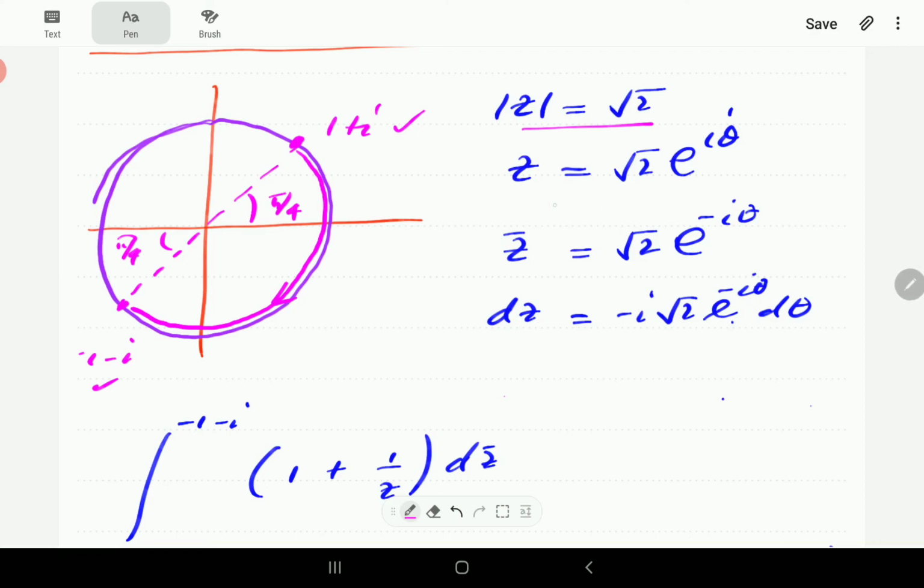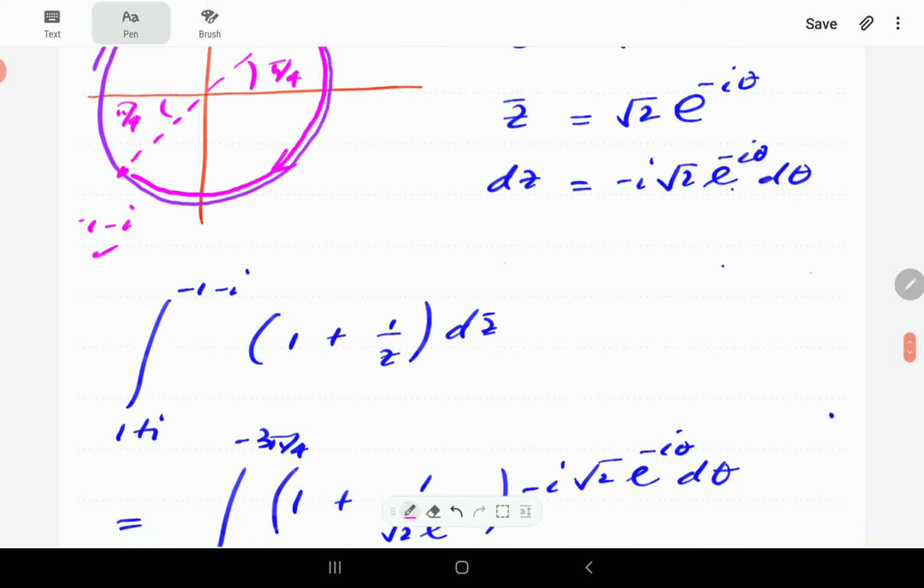So in this case, we're going to get z is square root 2 e to the i theta. Then mod z we just get from here by negating the exponent. In the integral, we've got d mod z, so we differentiate this one. That's what we get. Just going to multiply by negative i there.